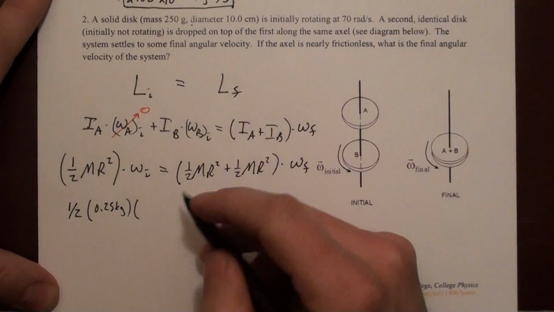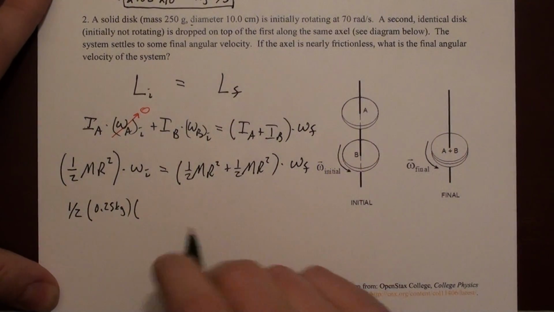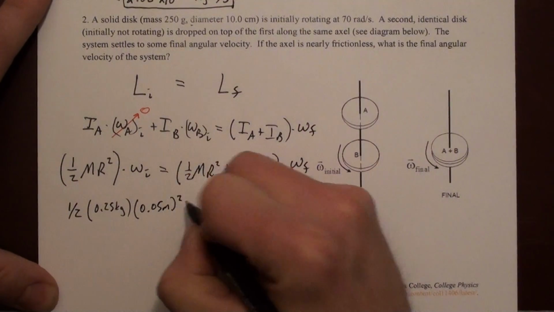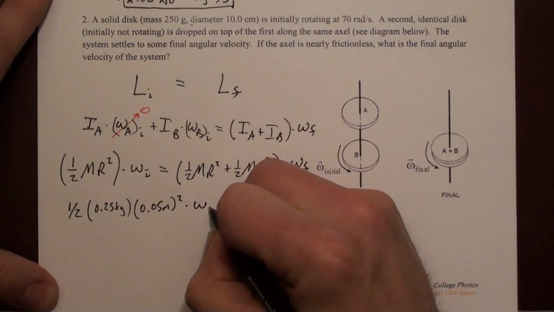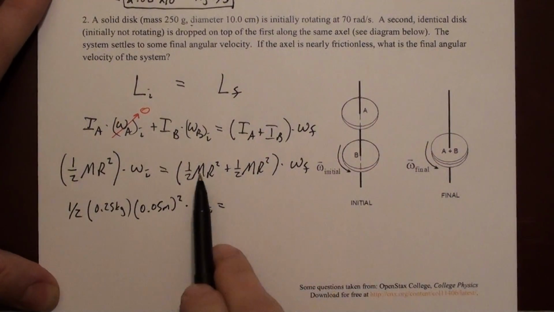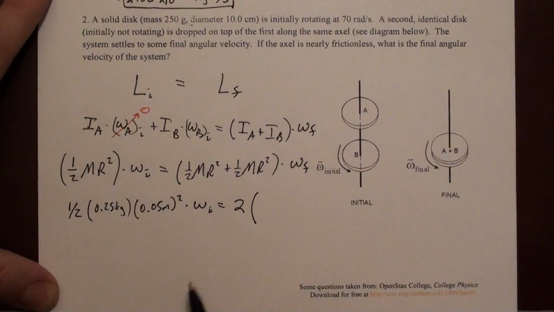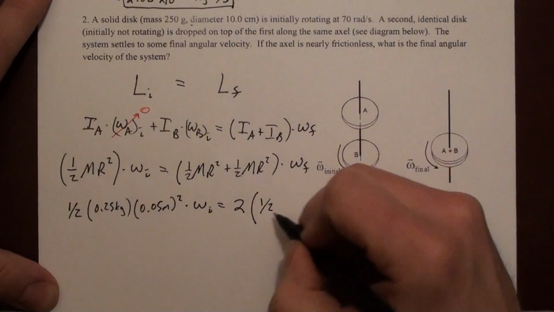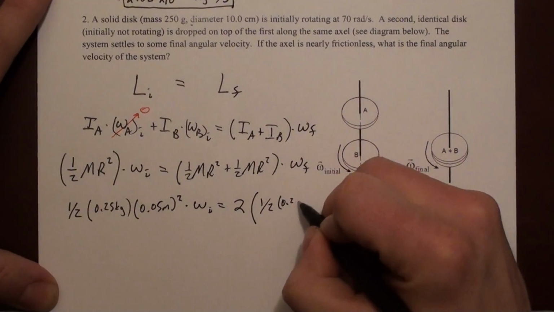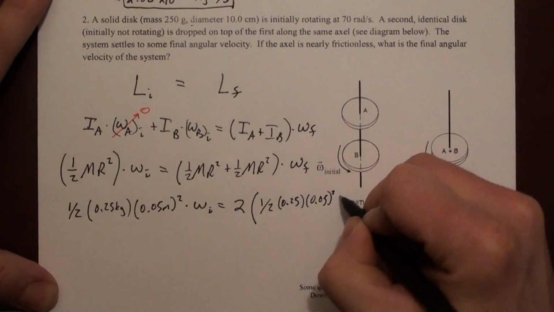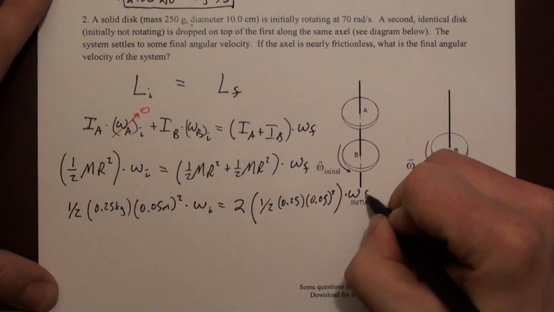The diameter divided by 2 is 5, and then converted to meters is 0.05 meters, squared, times omega initial equals, so these two terms are the same, so I'm going to pull out 2 of 1/2 times 0.25 times 0.05 squared times omega final.